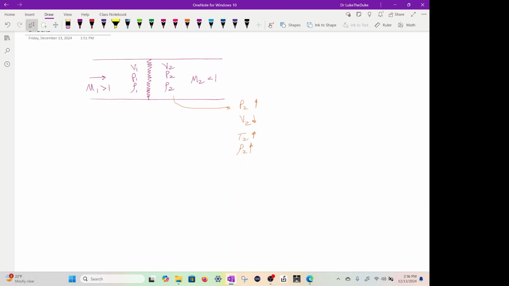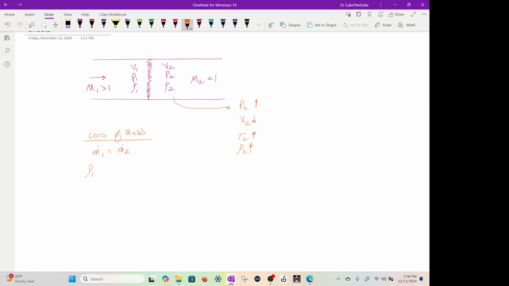So let's look first at conservation of mass across this shock. We always know that the mass flow rate is conserved.